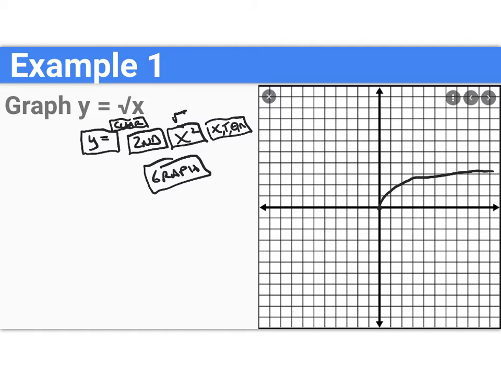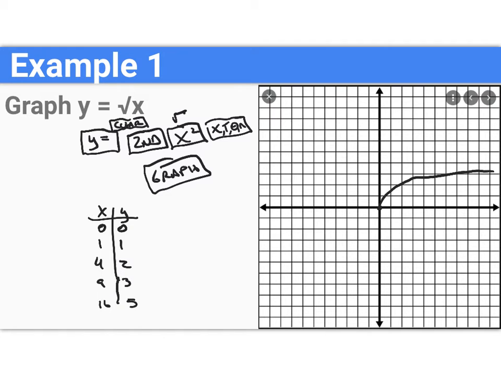If you do not have a TI-84, please go to some type of graphing calculator on computer or whatever. But basically what we're doing here is, if I was to make a table of values, 0, 0, square root of 1 is 1, the square root of 4 is 2, the square root of 9 is 3, 16 is 4.